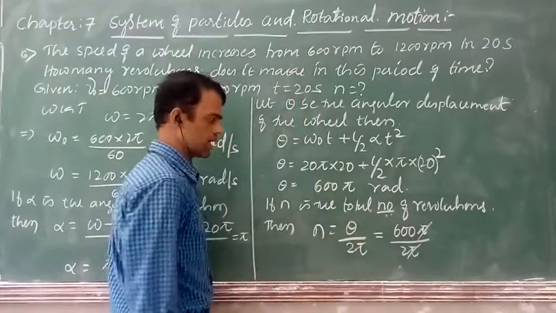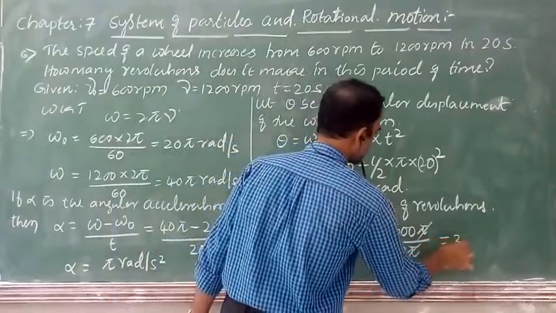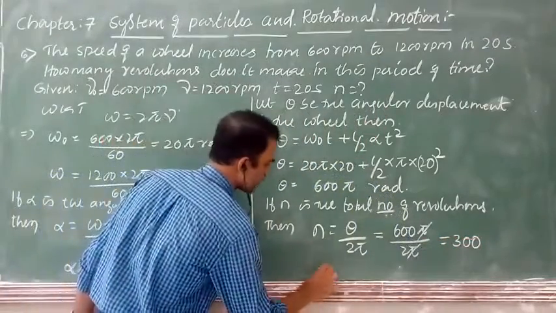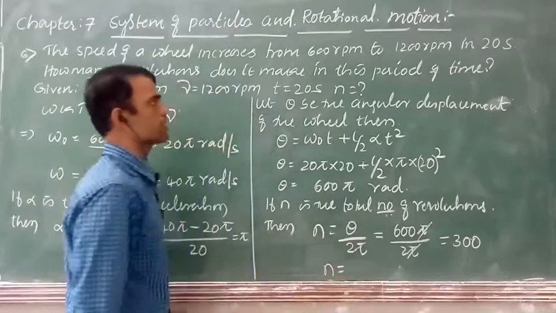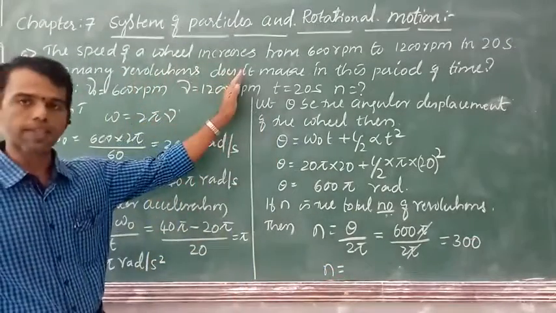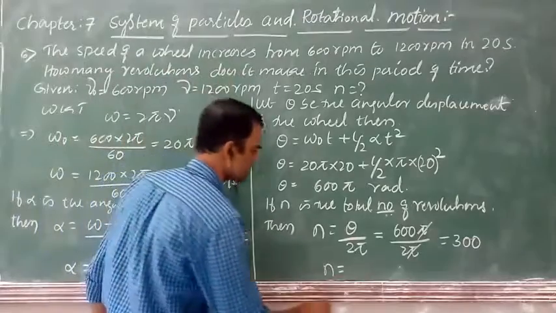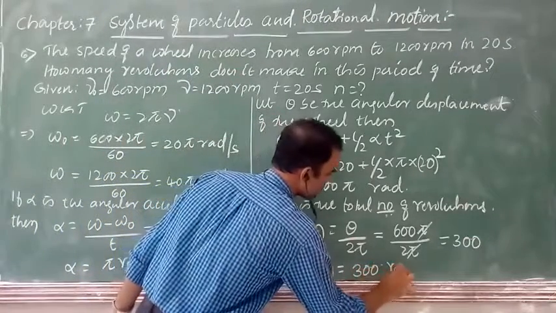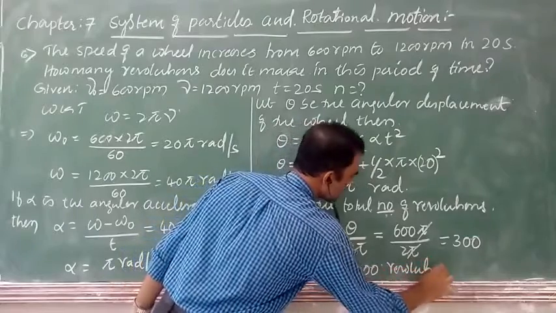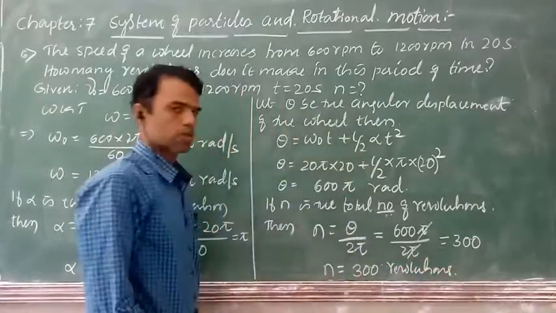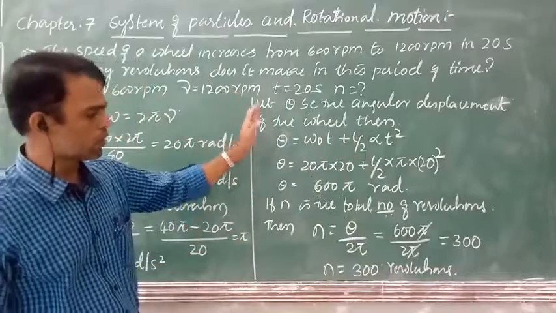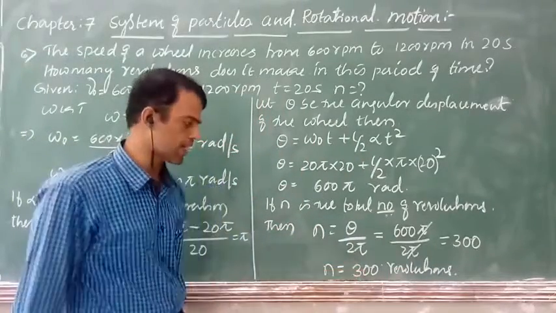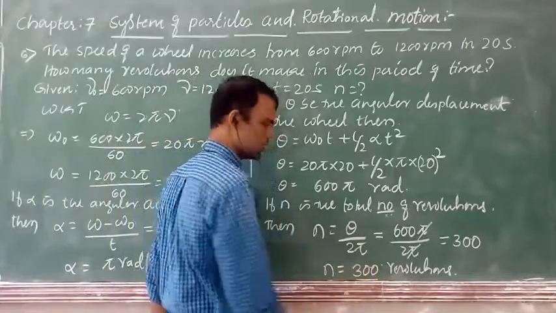Pi will get cancelled, so we get 300. So therefore, the total number of revolutions that this wheel performed in the time period of 20 seconds is 300 revolutions.